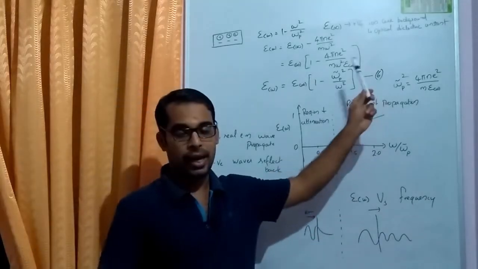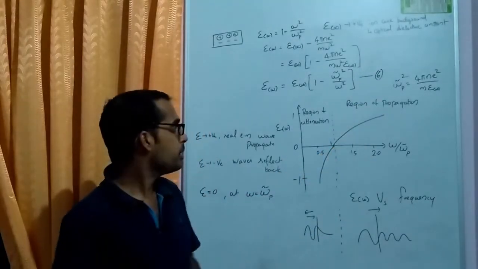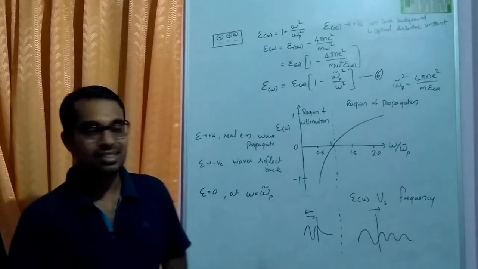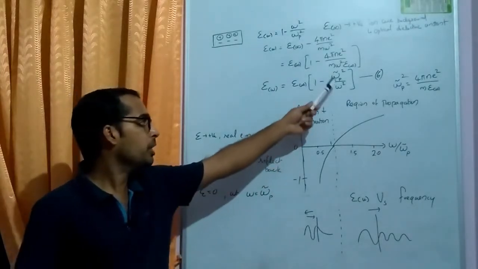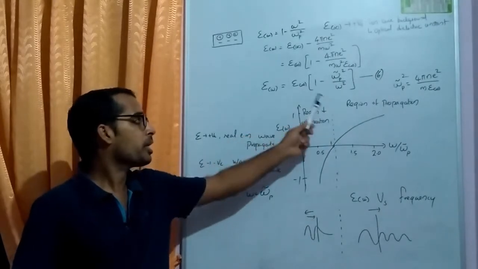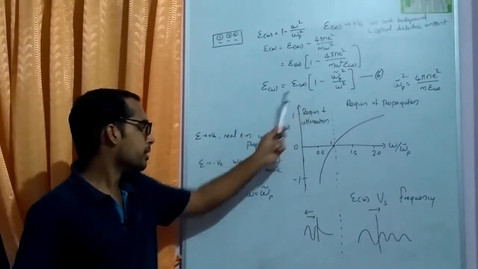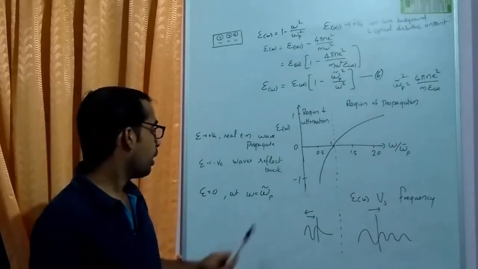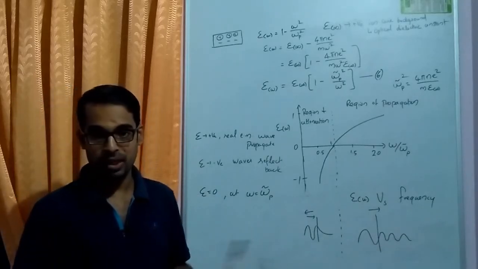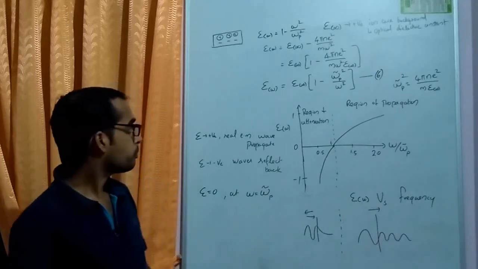So this is the actual plasma frequency, and from this expression we can see that when omega is equal to omega_p, this term will be 0. So the dielectric function becomes 0 at the plasma frequency.